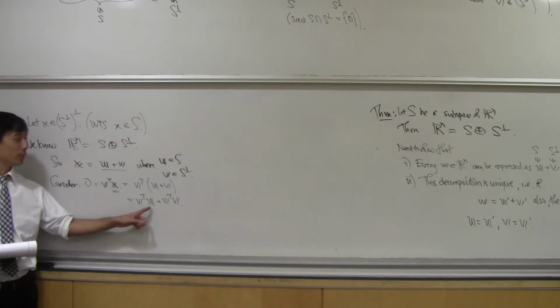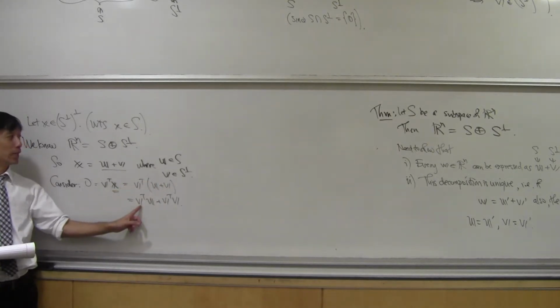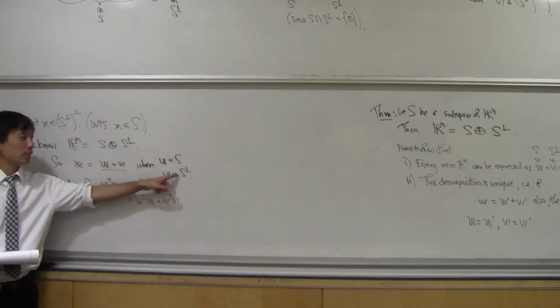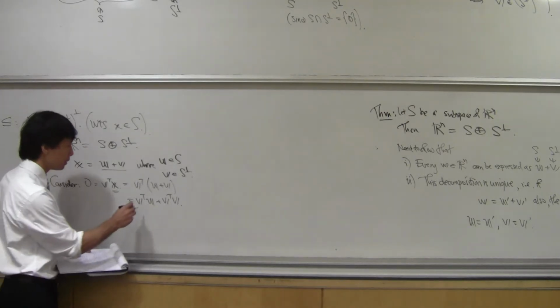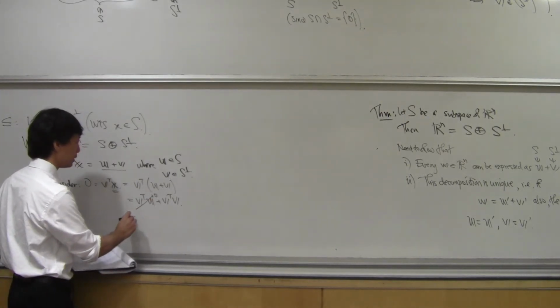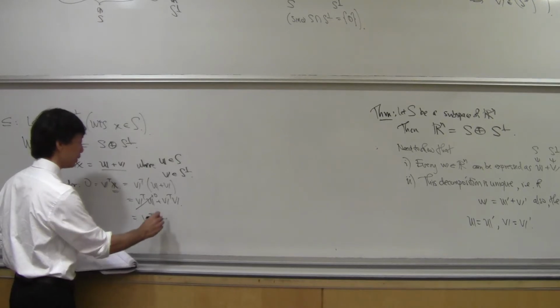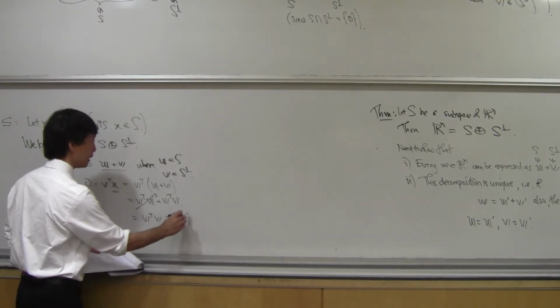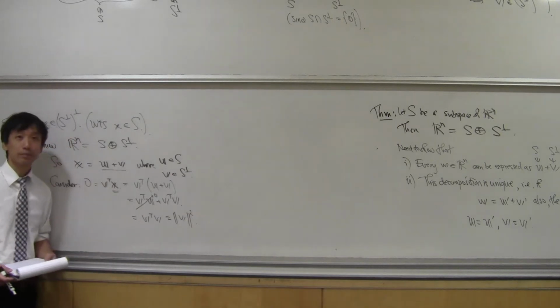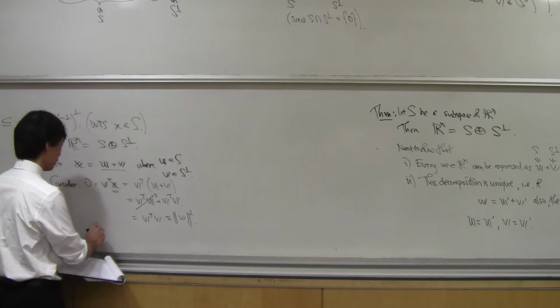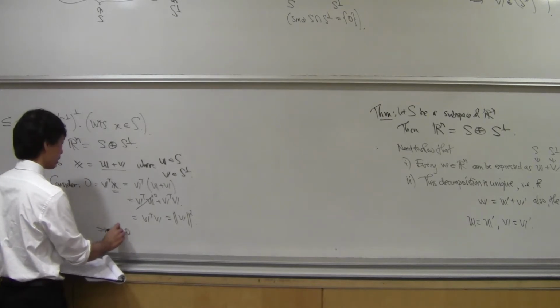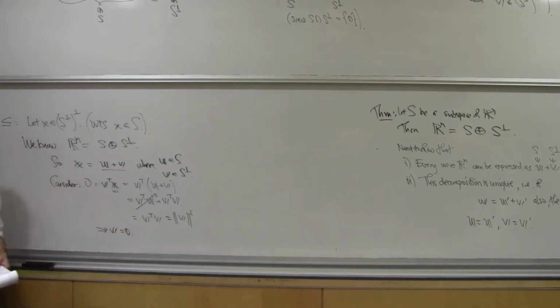It's 0 also, because U is in S and V is in S perp. So this is 0. But that tells you that V transpose V is 0, in other words, that the magnitude of V squared is 0. So V must be the 0 vector, because its magnitude is 0.